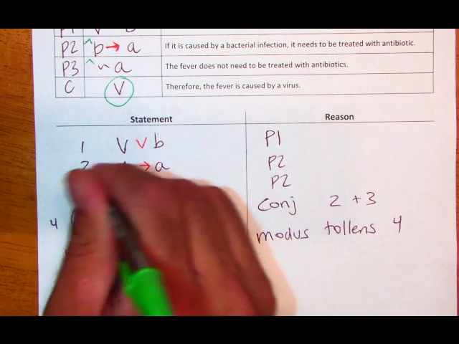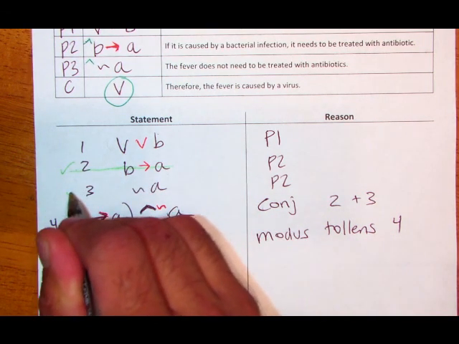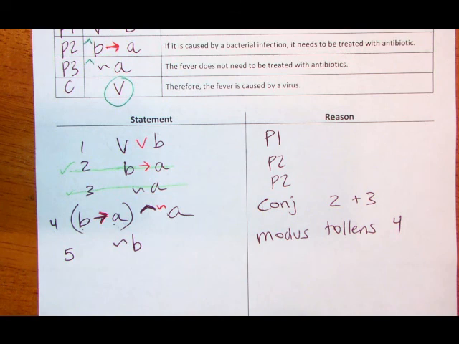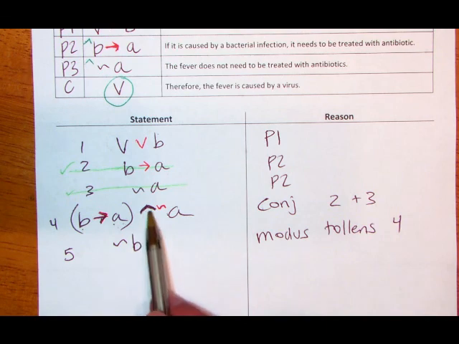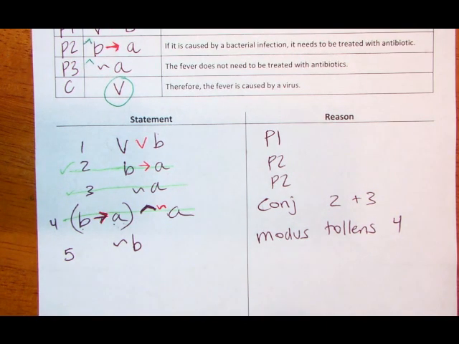So it might help to just do a light crossing or a check indicating that these have been used, and we'll no longer need to use those. These two have become this. Well, this in turn became this, so in a way this has already also been used. So you can see here we've done one conjunction, eliminated 2 of the premises, and now we have still one premise and one outcome to use.